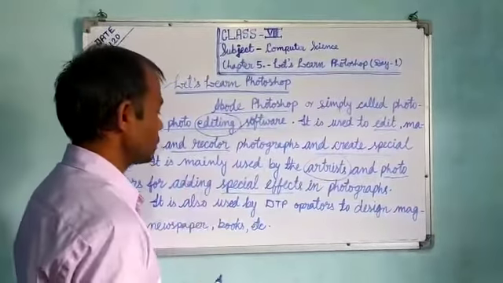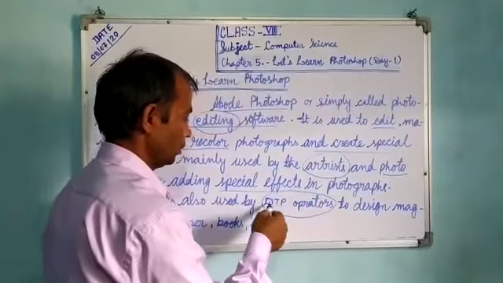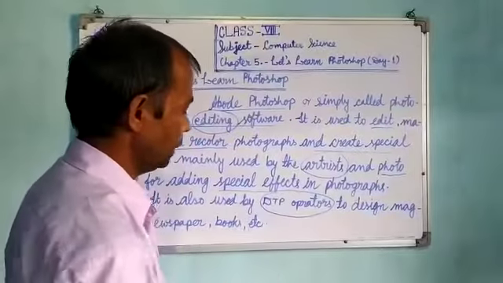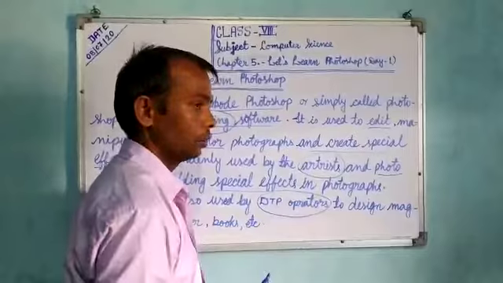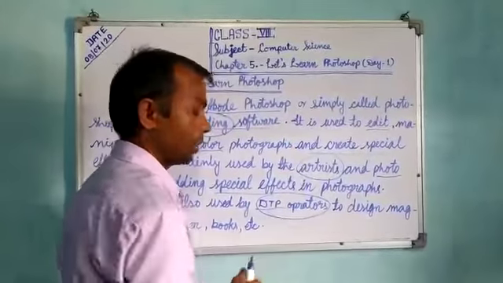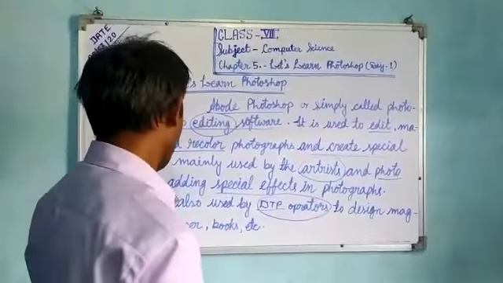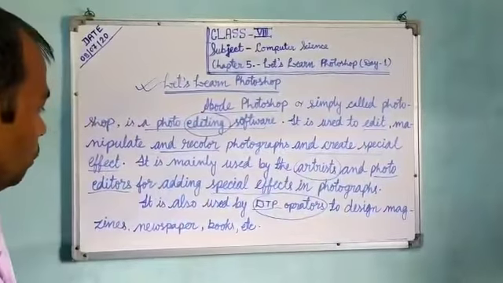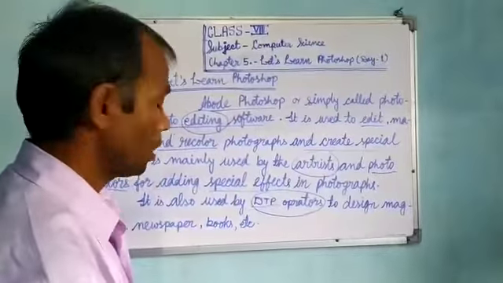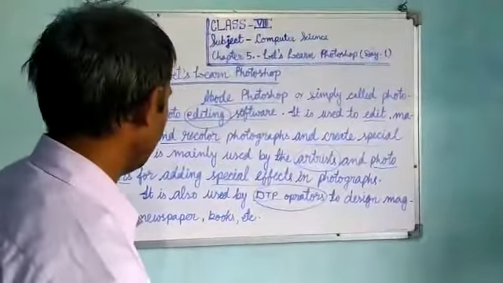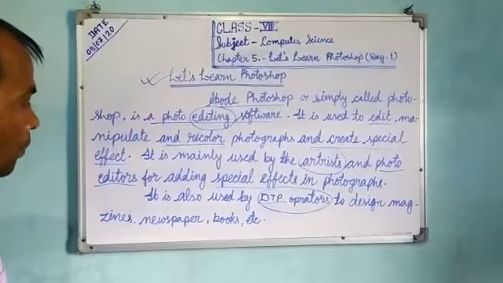Okay, next it is used by DTP operators. The full form of DTP is desktop publishing operators. Publishing means that some magazines, books, or newspapers are going to be published. Before publishing, they have a cover page, front page, and that page should be very attractive and look beautiful.